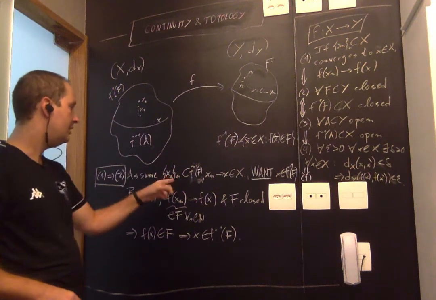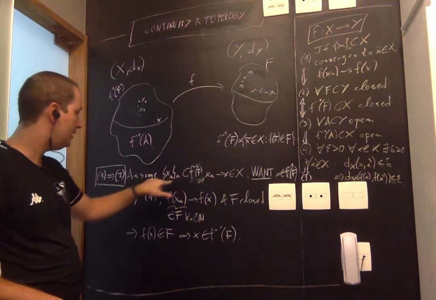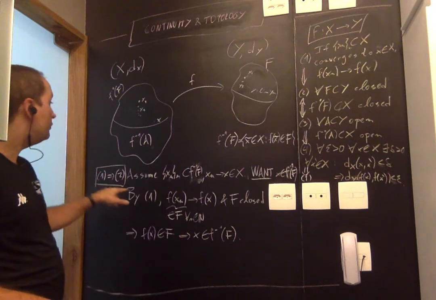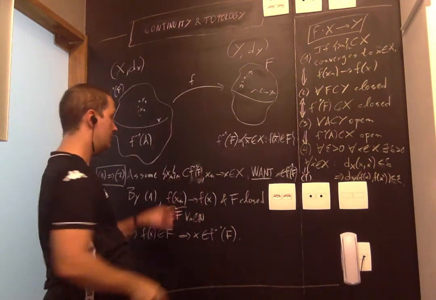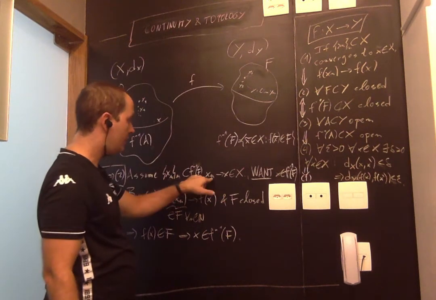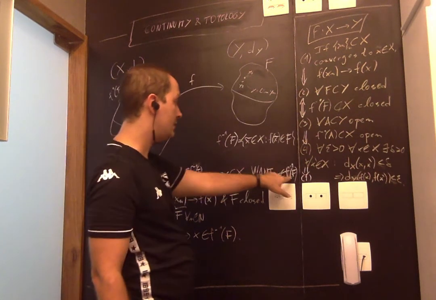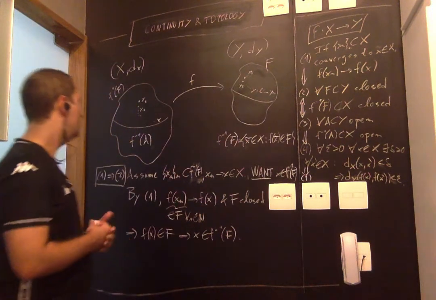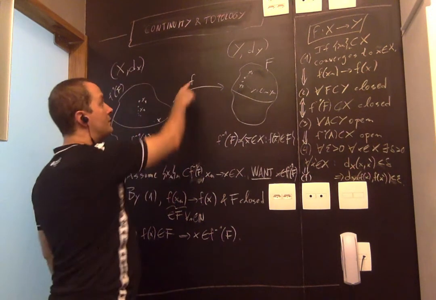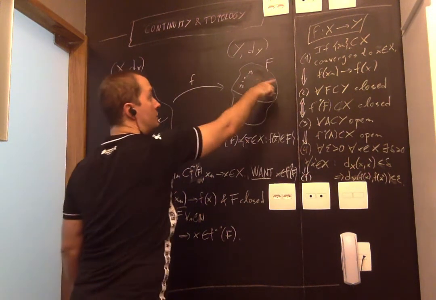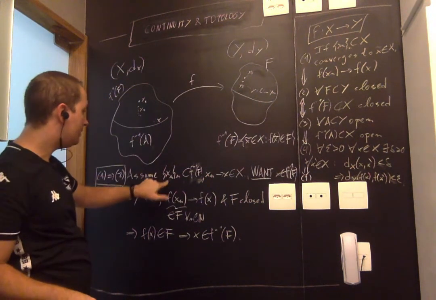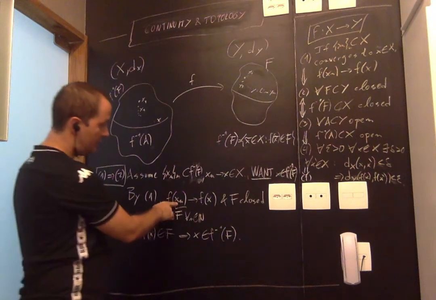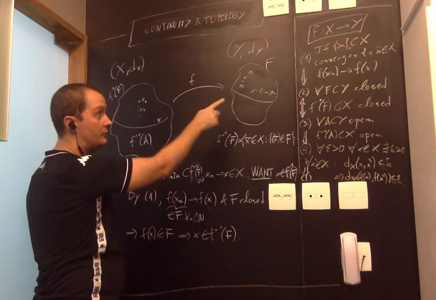Okay, to say everything again, because I sort of screwed things up in the beginning, I want to prove that the pre-image of a closed set F is closed, right? So I take a sequence of the pre-image that converges, and I want to show that its limit belongs to the pre-image as well. But all I can use are properties of the function and of the set, which I know is closed in Y. What I notice is that when I map this sequence by the function f, this has to be a convergent sequence because of 1.